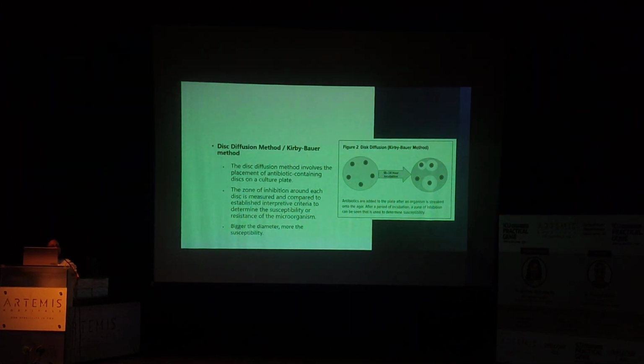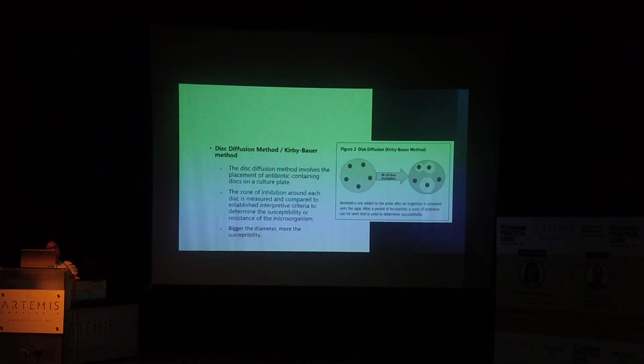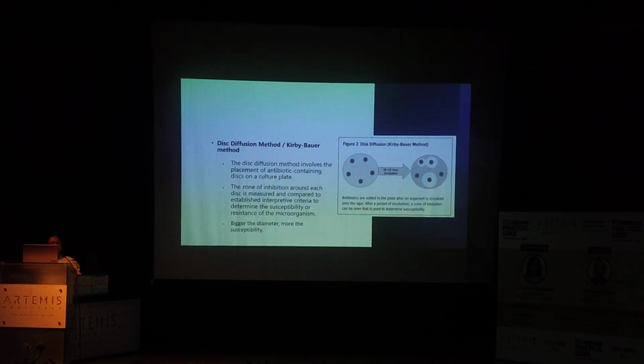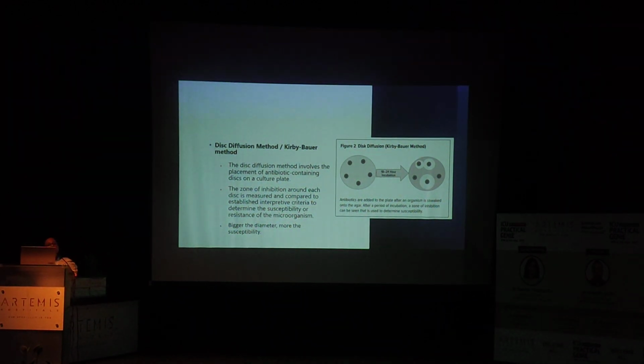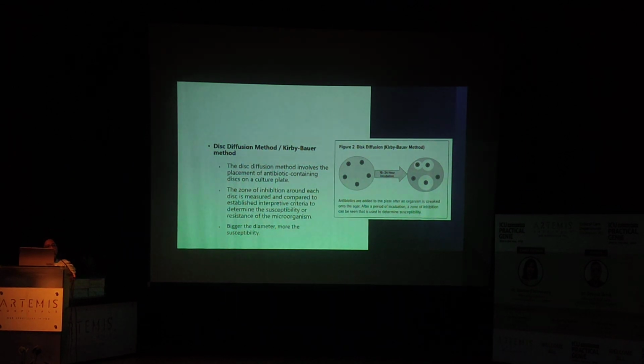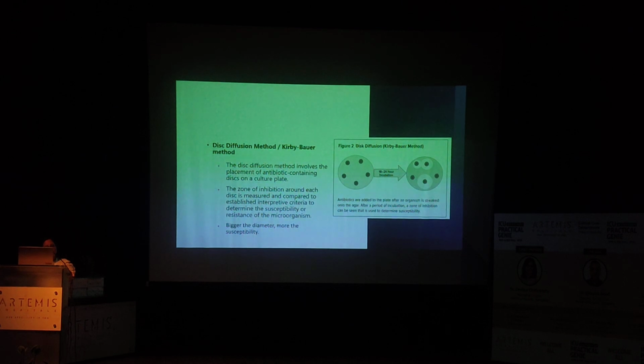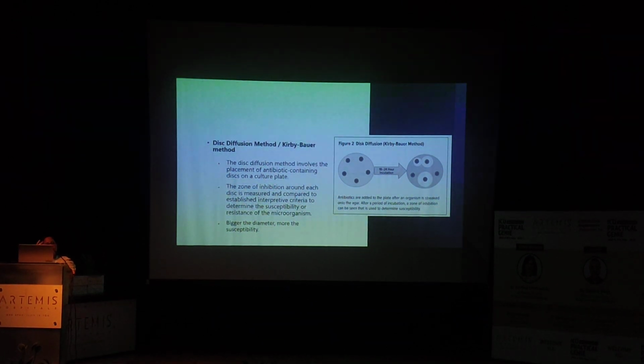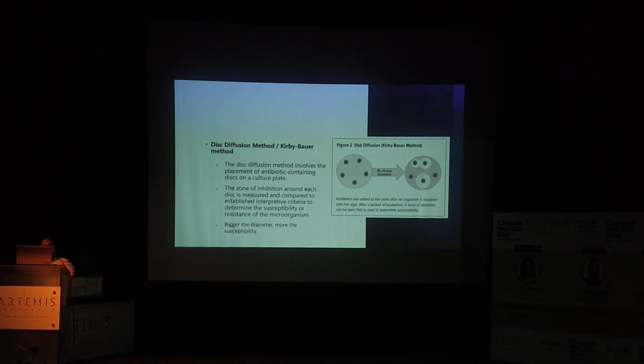This diffusion method or Kirby-Bauer method is a very common conventional method used for bacterial identification. In this, we apply a disc containing antibiotic to a culture plate where bacteria are growing. This antibiotic then diffuses out of the disc gradually.